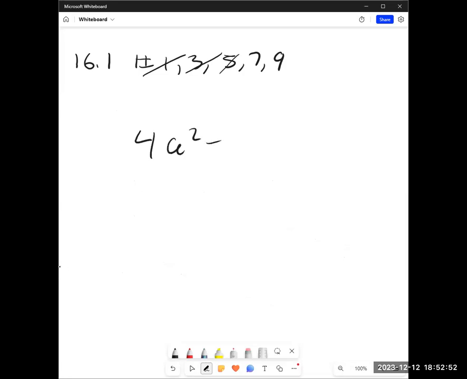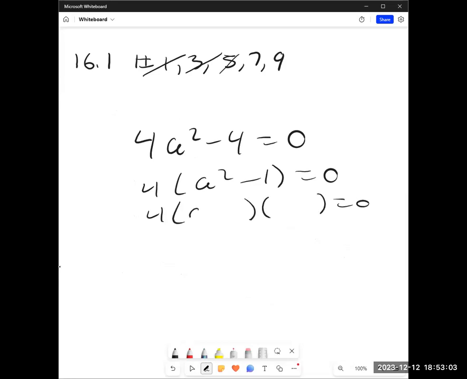For 4a squared minus 4 equals 0, again, we're going to factor out that greatest common factor of 4. And then we're going to look at what's left, and that is a difference of squares.